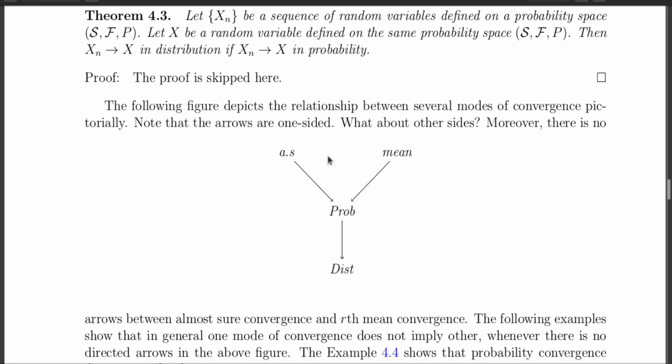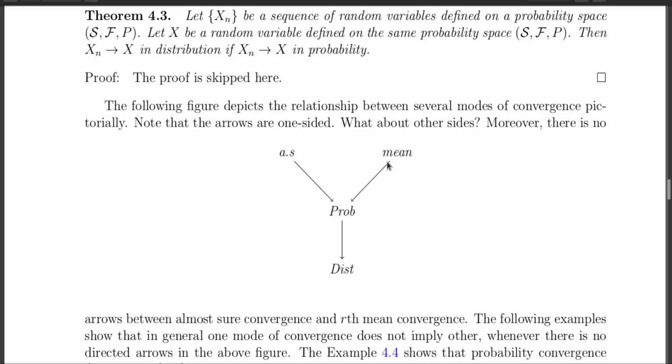Similarly, probability convergence in general does not imply mean convergence, and distributional convergence in general does not imply probability convergence. So Xn converges to X in distribution does not imply Xn converges to X in probability. Again, Xn converges to X in probability does not imply Xn converges to X almost surely, and Xn converges to X in probability does not imply Xn converges to X in mean.